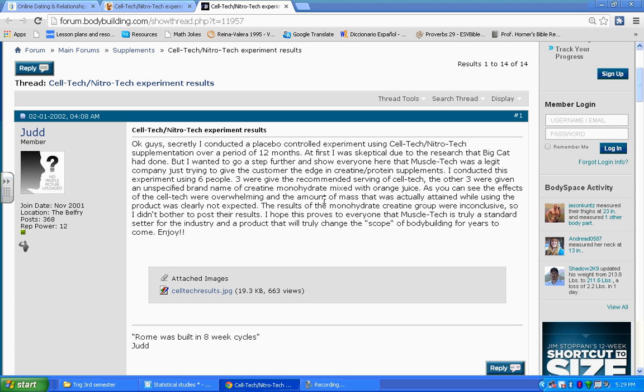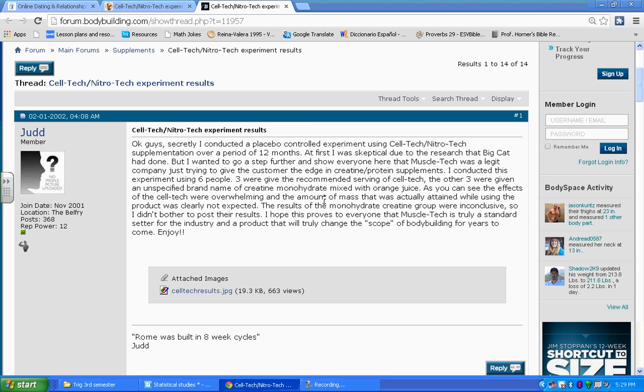I conducted this experiment using 6 people. 3 were given the recommended serving of Celtec, and the other 3 were given an unspecified brand name of creatine monohydrate mixed with orange juice. As you can see, the effects of Celtec were overwhelming, and the amount of mass that was actually attained while using the product was clearly not expected."